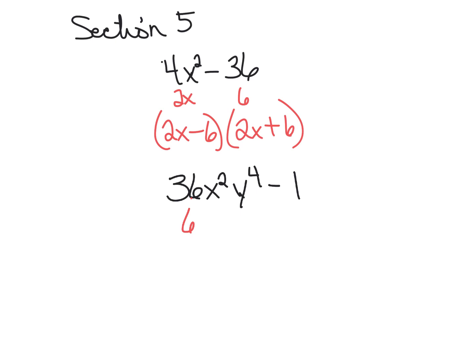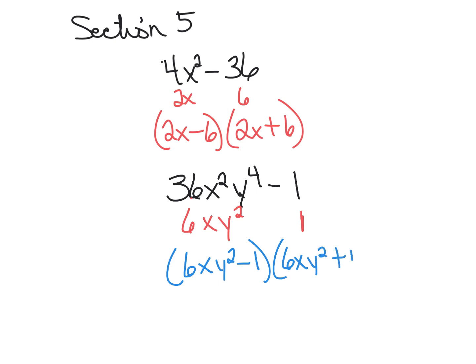The square root of x squared is x, and the square root of y to the 4th is y squared. Square root of 1, believe it or not, is 1. So I have 6xy squared minus 1 and 6xy squared plus 1.